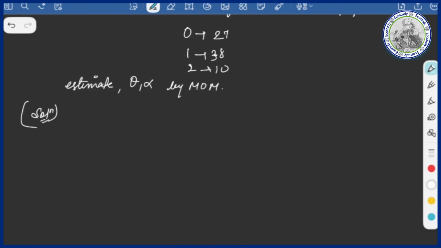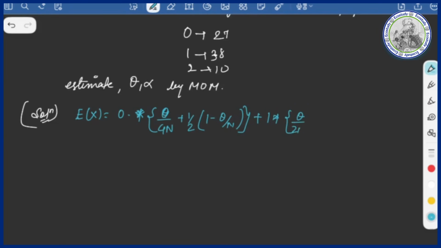So how will you approach? Let me change the color. First of all, calculate the expectation, that is 0 into the probability, because the probabilities are given, it is multiplication, plus 1 into the probability of 1, plus 2 into the probability of 2.